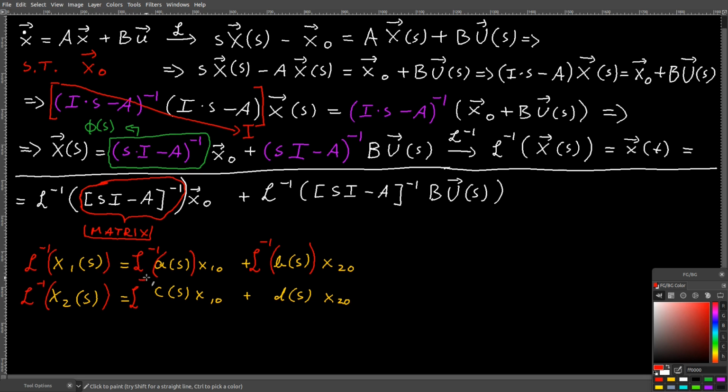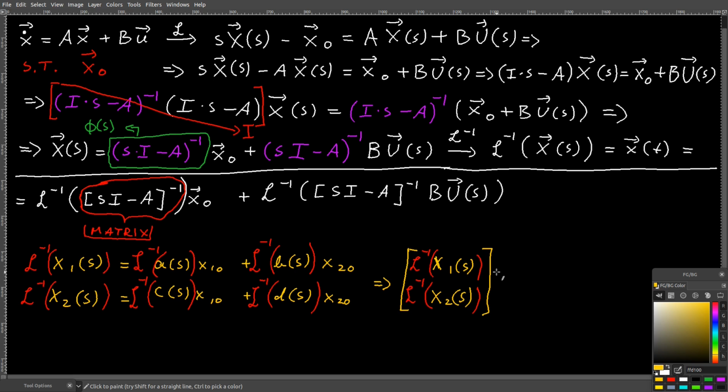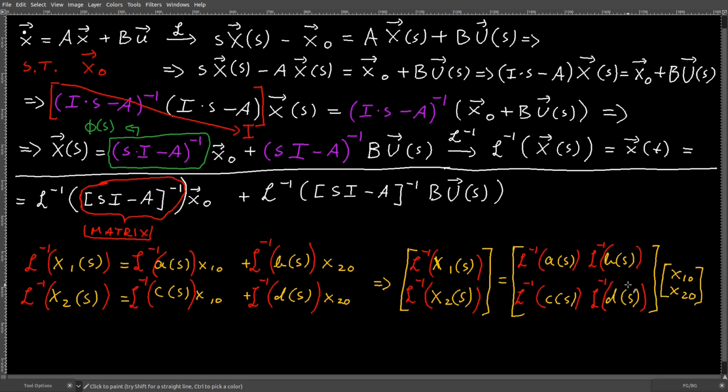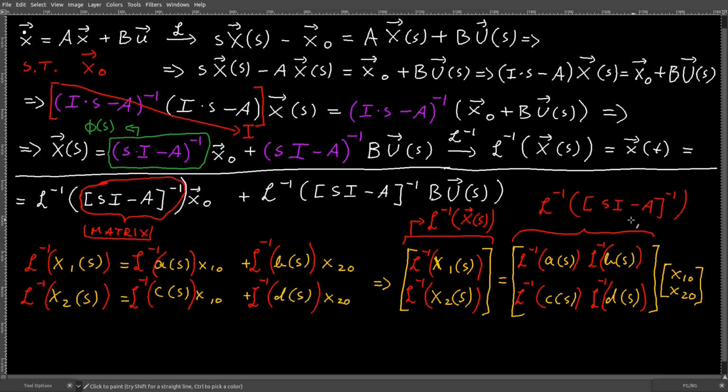And then I will do the same thing with the second equation. And now I can package it into a vector, and this is what I will have in the matrix form. So this vector here will be this one, and this matrix here is like this one here. And as you can see, when you take the Laplace inverse of a matrix, then you're essentially taking the Laplace inverse of each element of that matrix.